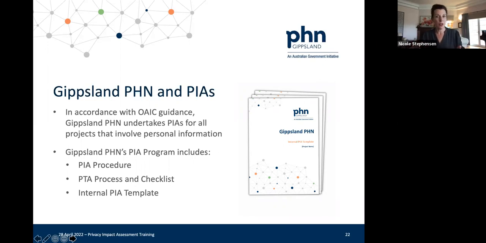This is what we do here. The procedure sets out that there is a privacy threshold assessment process and checklist, and where the threshold assessment meets the criteria for doing a privacy impact assessment, then there is an internal privacy impact assessment template that staff can refer to.